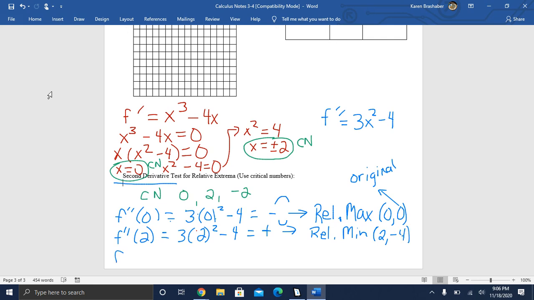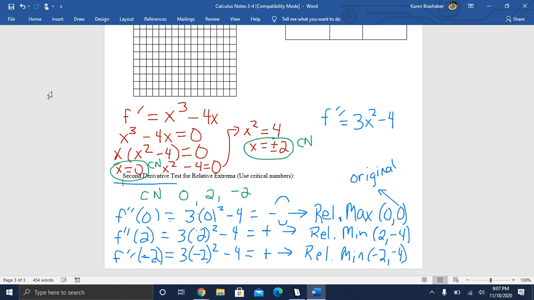And then finally, f double prime of negative 2. So that would be 3 times negative 2 squared minus 4. You're actually going to get the exact same answer as what we got in the line above. So that's positive, and again, you have another relative min, and its ordered pair is negative 2, negative 4.